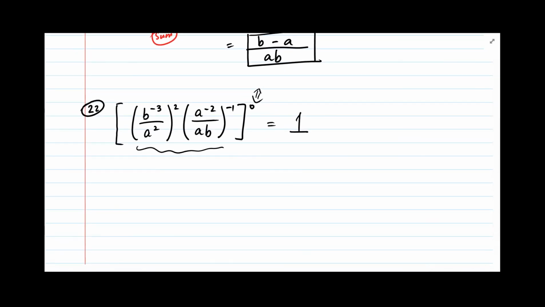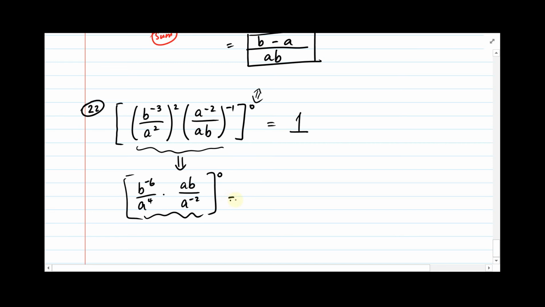Okay, so don't get caught. Some of you were looking and doing everything on the inside, which is great, but you'd still end up with 1. Just to humor some of you, in here you would have had b to the minus 6, but this is all redundant. A to the 4th, I would now have ab over a to the minus 2, all of this raised to the 0.